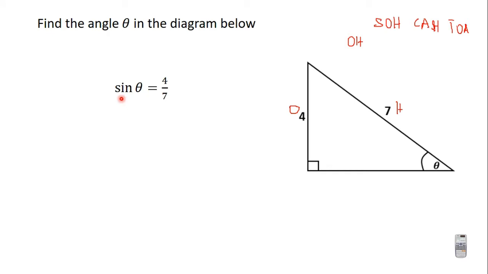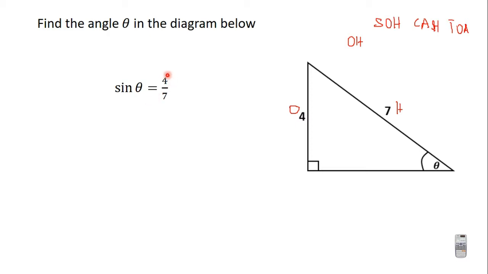So sine theta, sine of this angle, which is theta, is equal to the opposite to theta, which is 4, divided by the hypotenuse, which is 7. So the opposite to theta is 4, the hypotenuse is 7. So we have sine theta is equal to 4/7. How do we find theta from here?